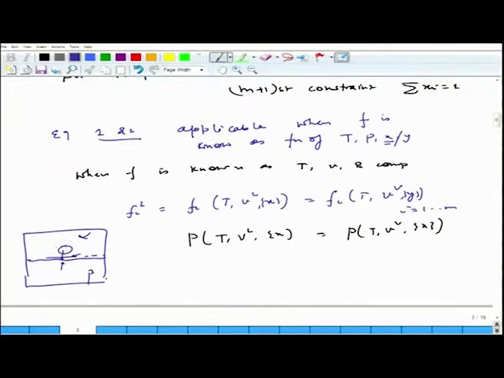The reason is that when you go away from the interface, all this pressure will be the same, isn't it? So if I plot pressure as a function of distance, the normal pressure will be constant across the interface, whereas the tangential pressure, the other component, will be something like this. It need not be exactly in this form, but there will be a deviation, a mirror image.